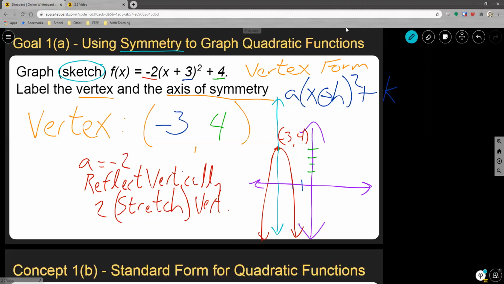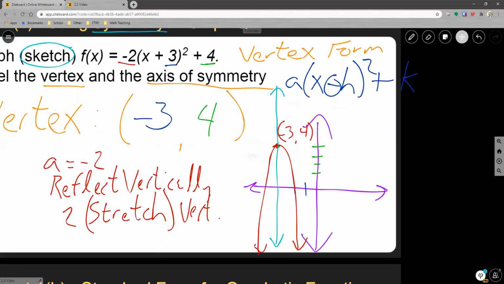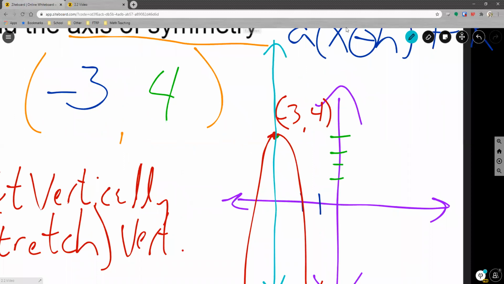So I've got this blue line cutting through the parabola. Remember, it's symmetric, so everything that appears on one side is going to appear on the other. If my sketch was better, it would look more exact, but this is the concept. It's cutting right through the vertex, which means my line is the line x equals -3.